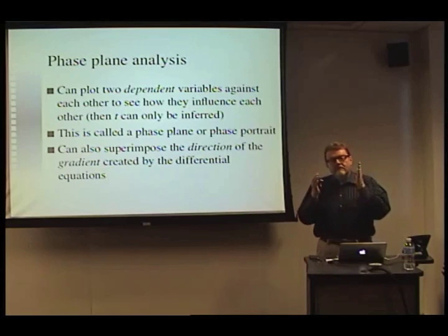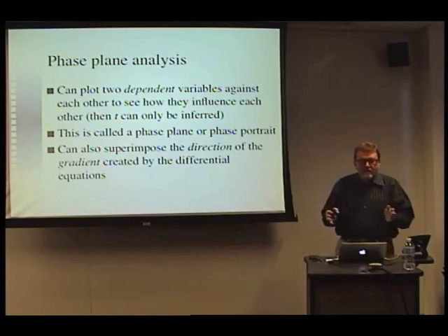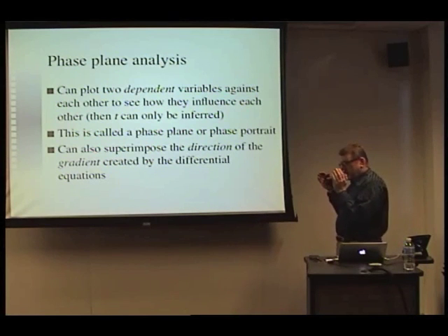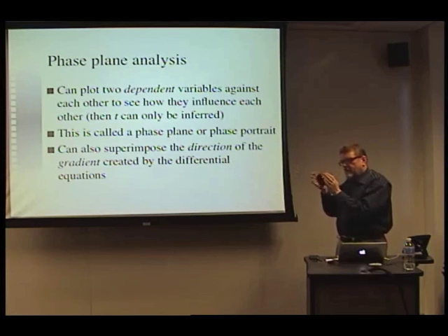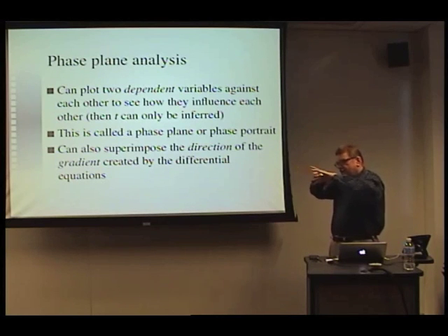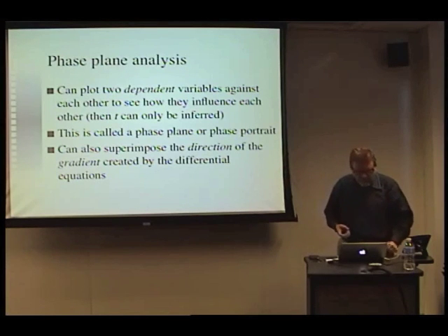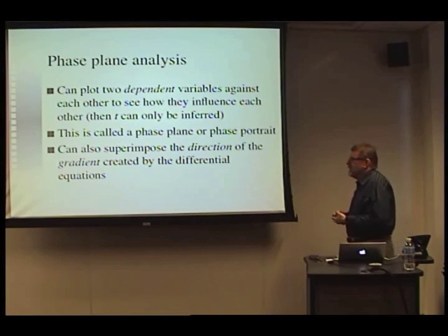When we plot dependent variables versus each other, we call that kind of plot a phase plane or a phase portrait, which enables us to describe, again, sort of the origin of the idea of phases, that in chemical reactions or in physical reactions, or in physics, you have transitions between different behaviors, different phases, as in phases of matter, and that's where this terminology comes from.